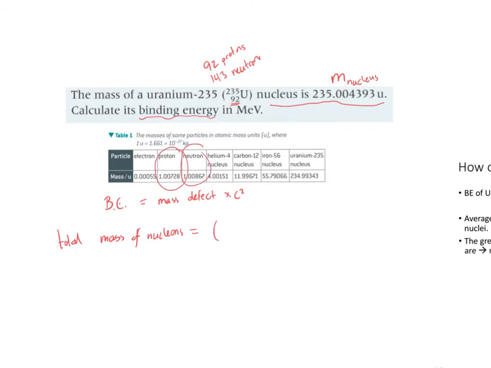So I have 92 protons, that's times 1.00728. By the way, the questions can give you their own values as well, for the masses or units that they want you to calculate. So don't worry about having to remember anything besides the main concepts, as they will all be given to you.